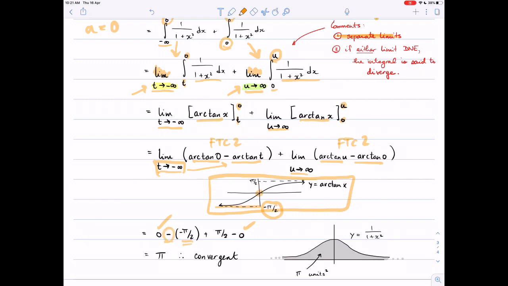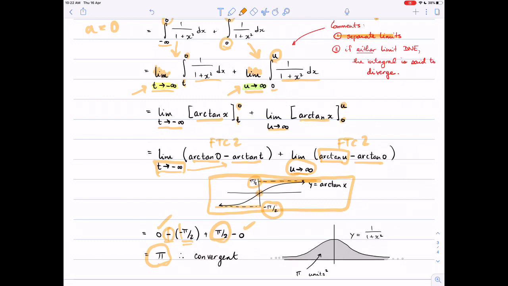So I have minus pi over 2. And then lastly over here, the arctan of u as u goes to infinity on the right-hand side. The arctan graph approaches its right-hand asymptote as x goes to infinity, which is pi over 2. So we've got minus, those guys cancel. Pi over 2 plus pi over 2 is pi.